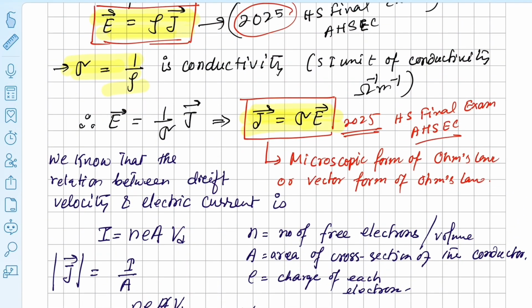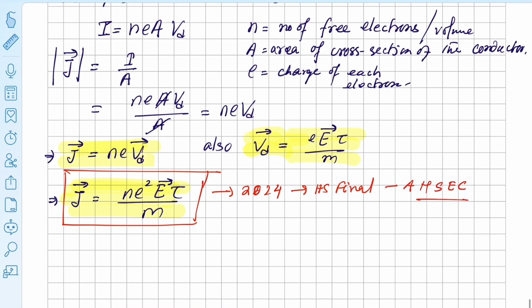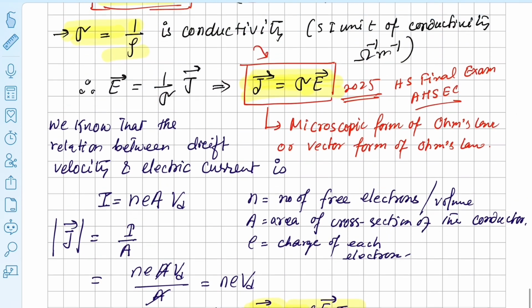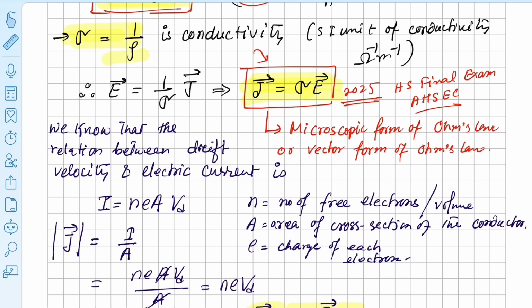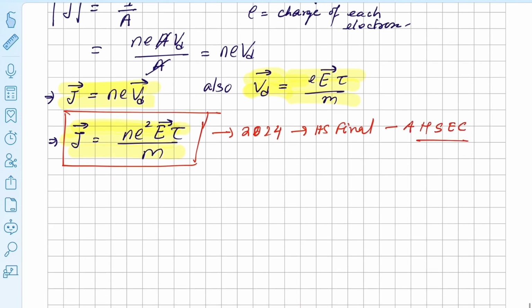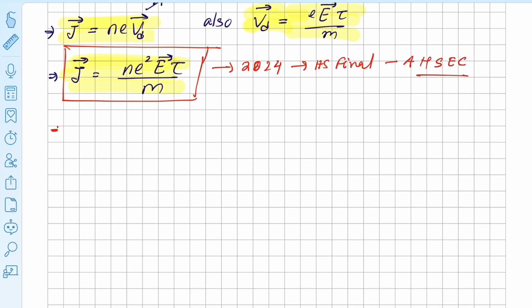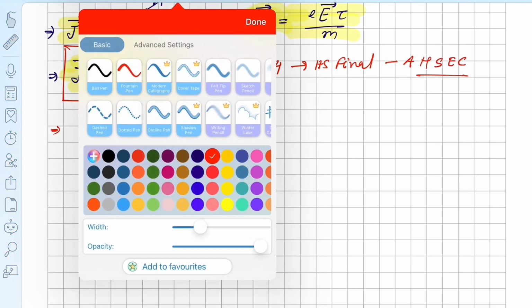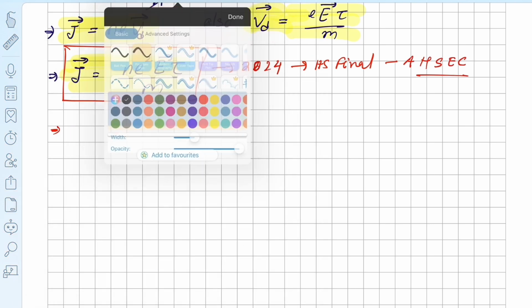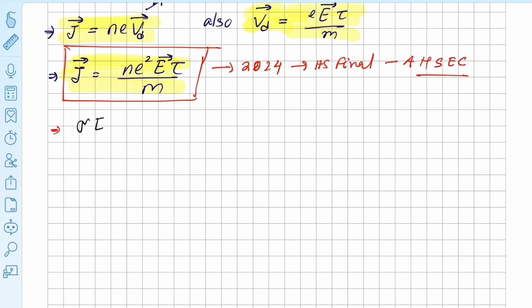Again, you see, we have already got that J is equal to sigma E. Okay, J is equal to sigma E. So we have n e square E vector tau by m.